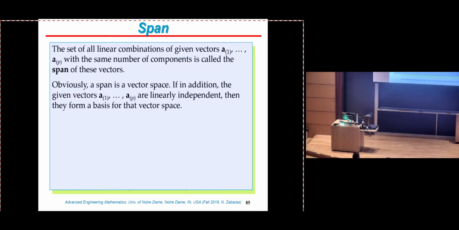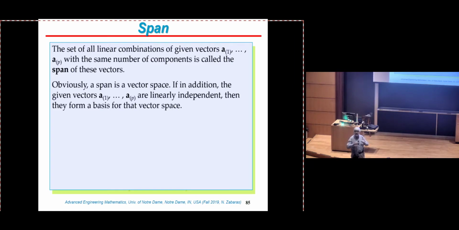So remember, I create a vector space by taking combinations of these P vectors. And now I tell you that these P vectors are independent. Right? So what is the dimension of this space that I created? The space that I created only consists of linear combinations of these P vectors, nothing else.